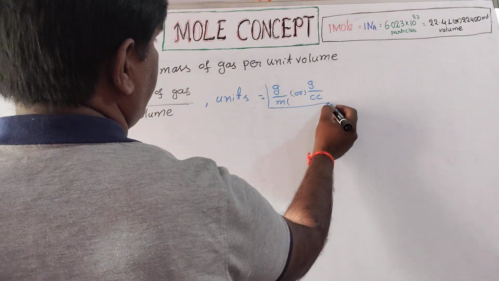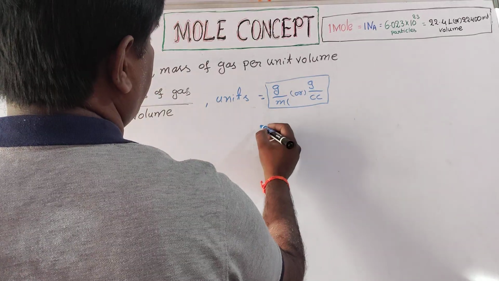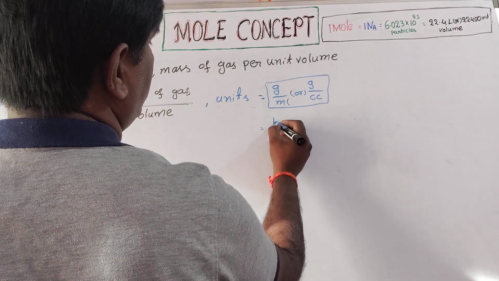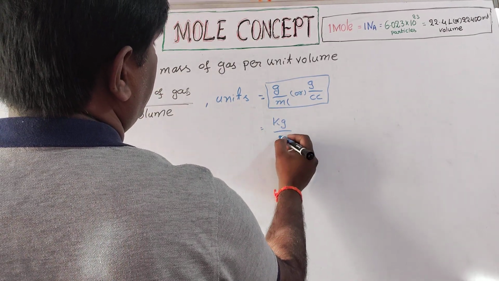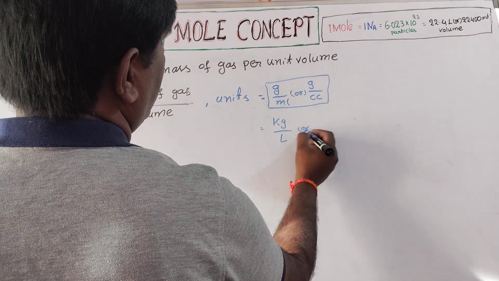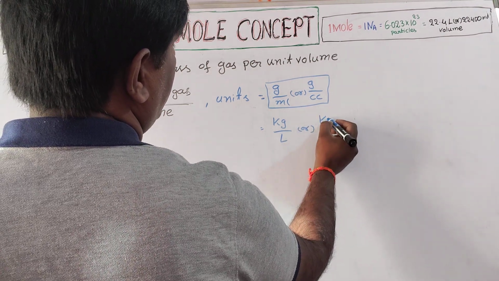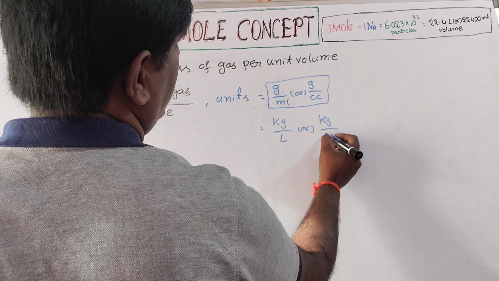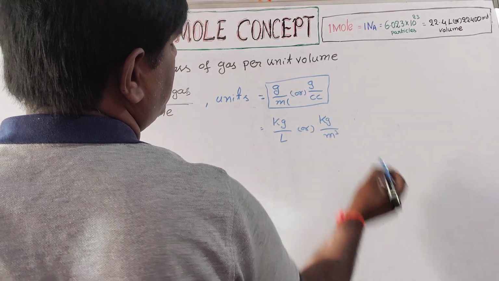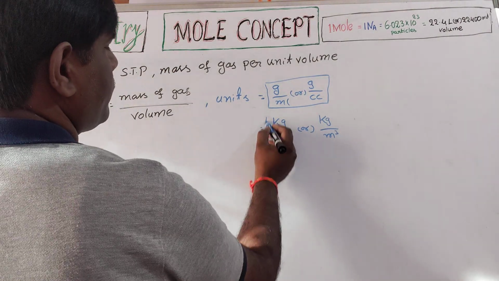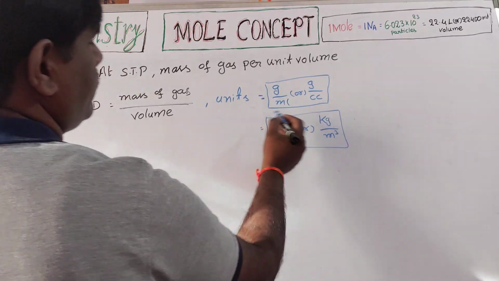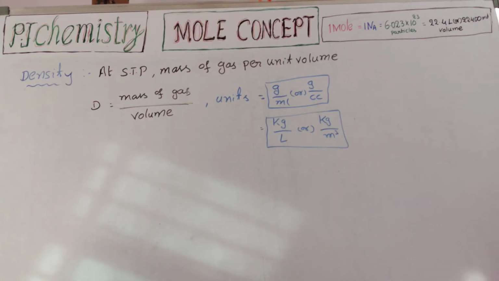If we take mass in kilograms and volume in liters, it is kilogram per liter. Or, since 1 meter cube is equal to 1 liter, kilogram per meter cube. This also we can use. These are the units for density.